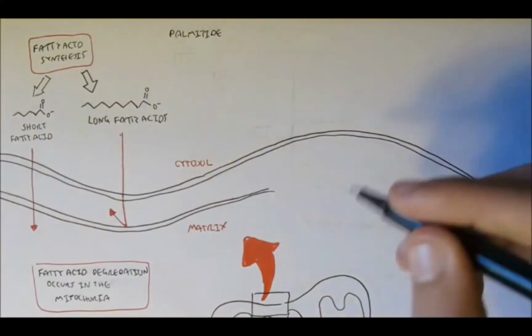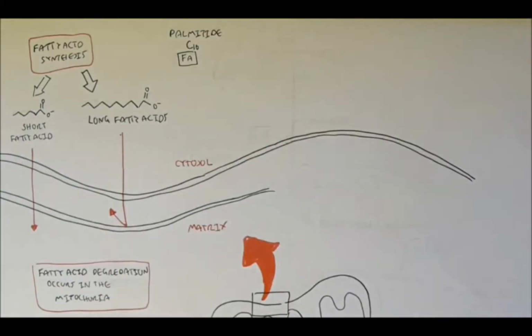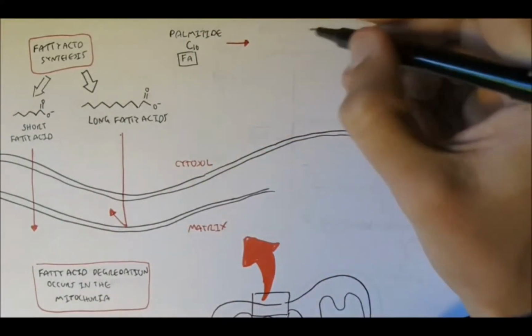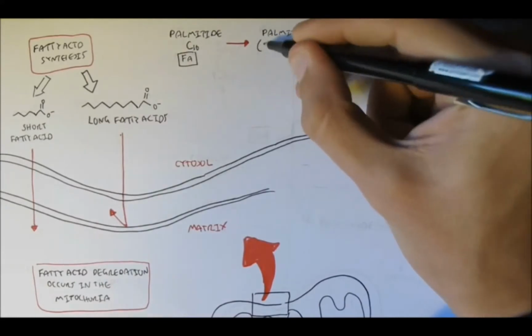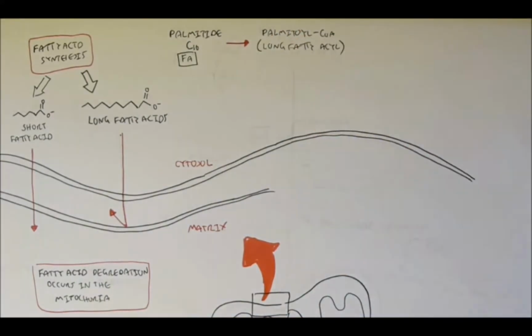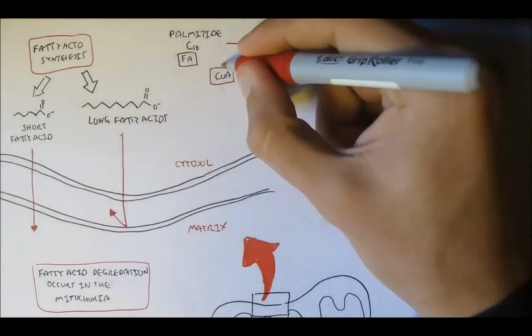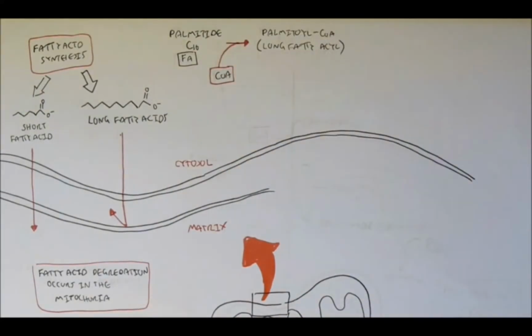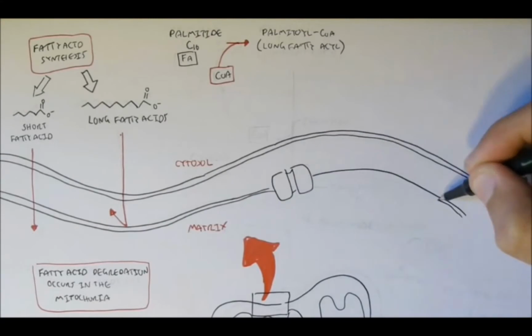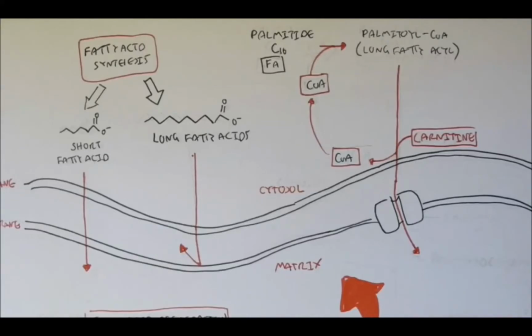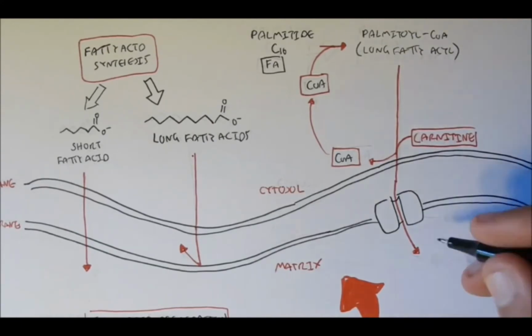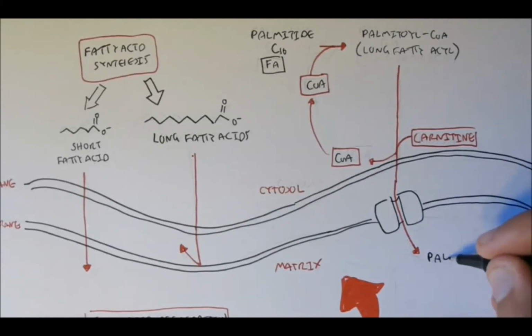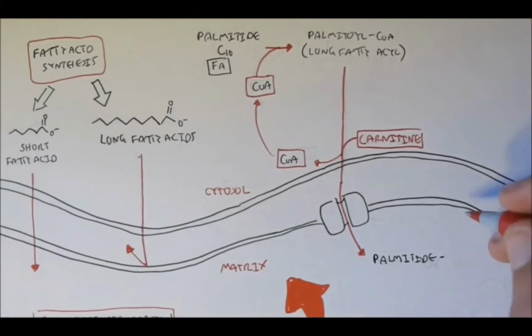Palmitate is a 16-carbon chain fatty acid, and it's a long fatty acid. If we add a CoA to it, it becomes palmitoyl-CoA, a long fatty acyl-CoA. As it moves towards the mitochondria, it releases its CoA group and binds to the hydroxyl portion of a small molecule called carnitine. Carnitine carries fatty acyls, the fatty acid group, across the outer and through the inner membrane through a carnitine transporter.